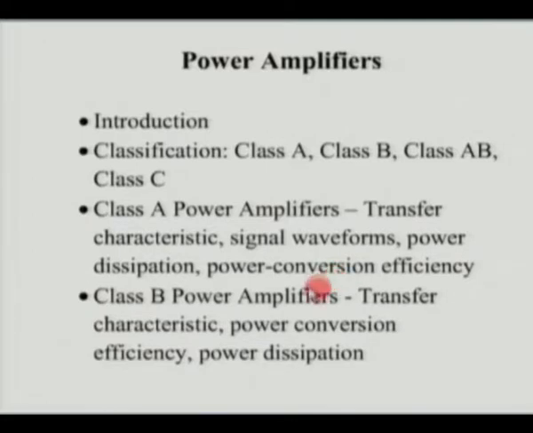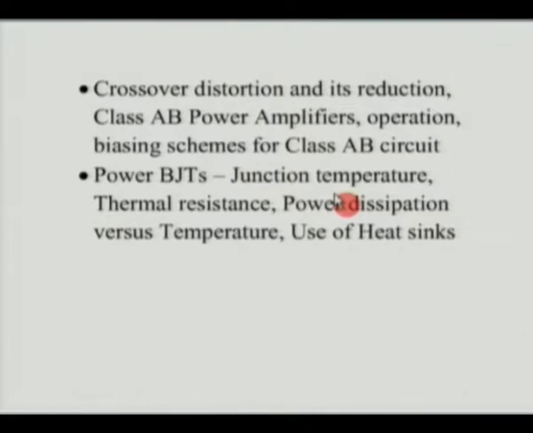Then we will talk about class B power amplifiers. Once again, we will see the transfer characteristics, the power conversion efficiency, and the power dissipation. Once we talk about class B amplifiers, we need to talk about what is called crossover distortion, and we also need to worry about how to reduce the distortion.